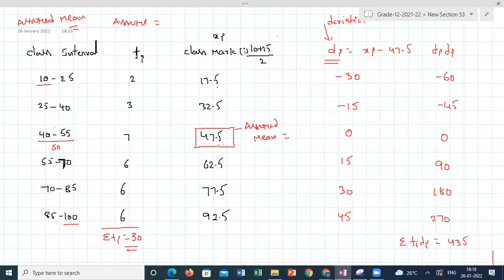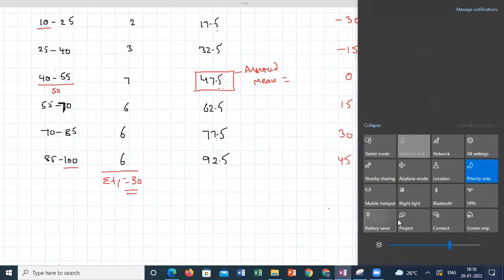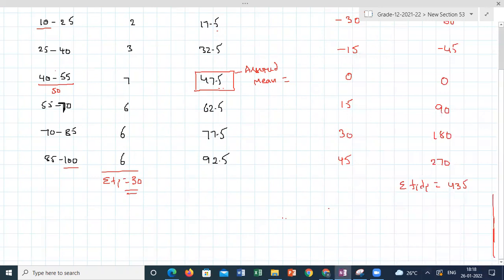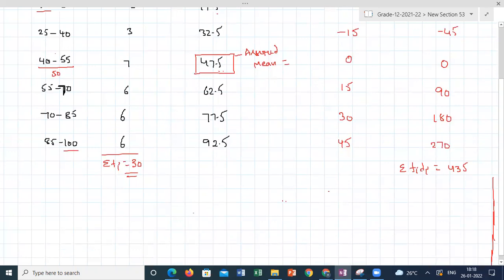Now how to calculate the mean? First we have to calculate the deviation.